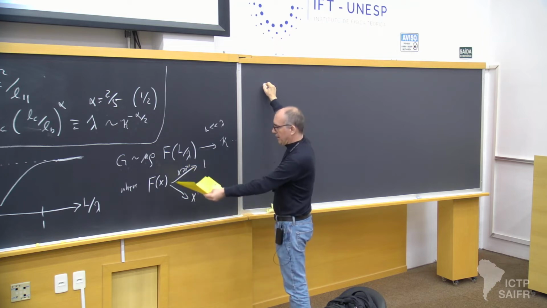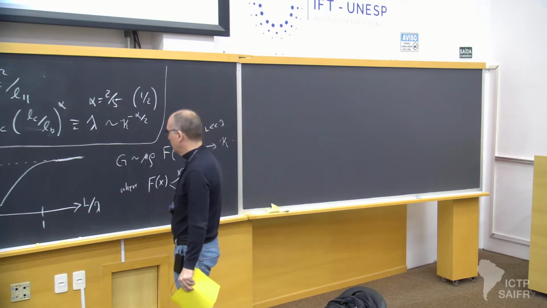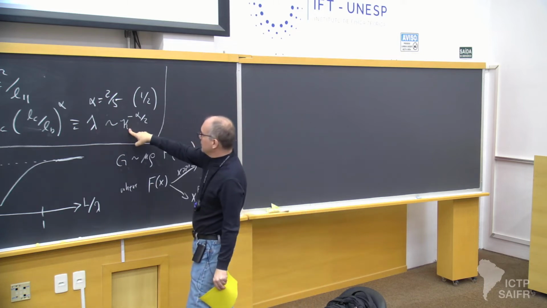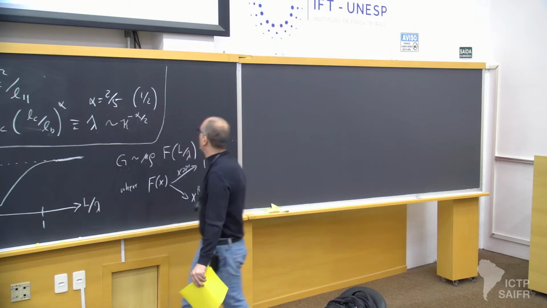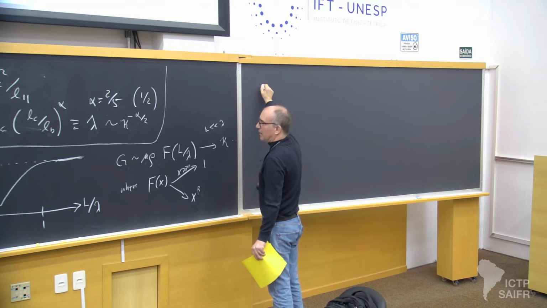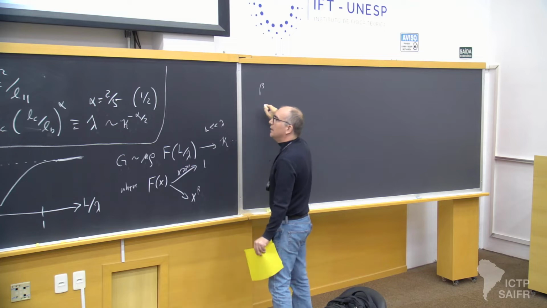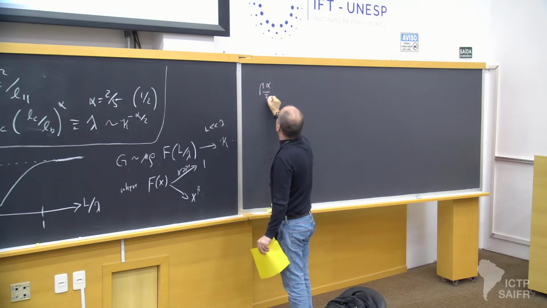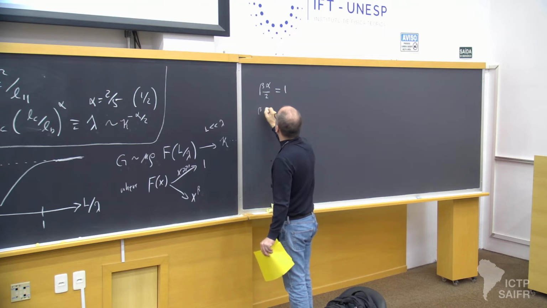So literally, lambda depends inversely on kappa. This is a negative power. But of course, this is plotted in the denominator here. So that all tells me that beta times alpha over 2 should be 1, i.e. beta is 2 over alpha.